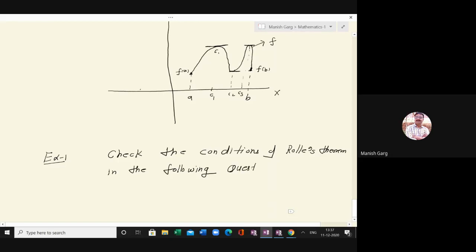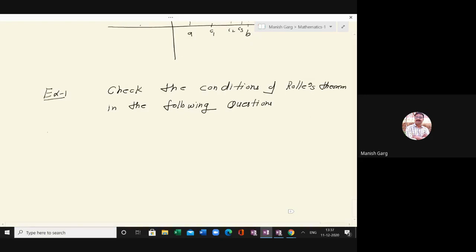Questions. So let us take some questions. First I am taking this. I have done this question. Second, I am taking this: f(x) is equal to, you can take this.